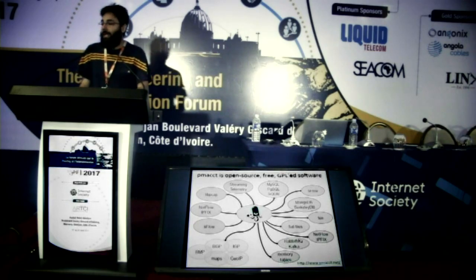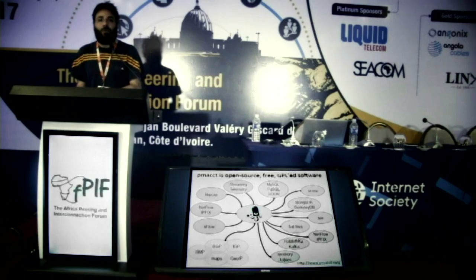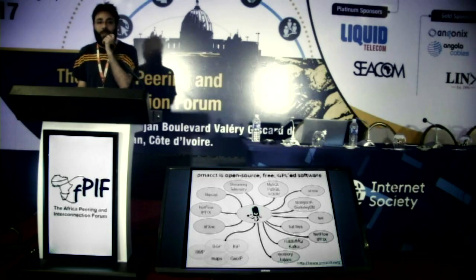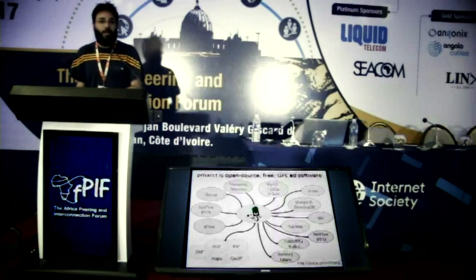And then this information can be written into, PMACCT supports a number of backends, like open source relational databases like MySQL, Postgres, SQLite, NoSQL databases like MongoDB or BerkeleyDB, but also flat files, memory tables, and brokers, so RabbitMQ and Kafka.